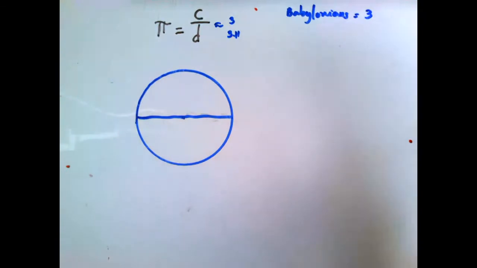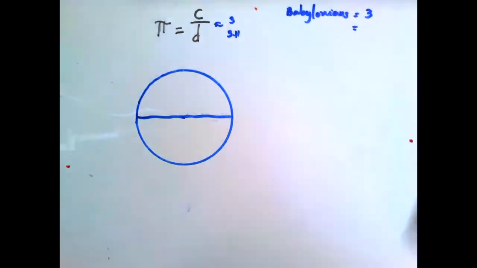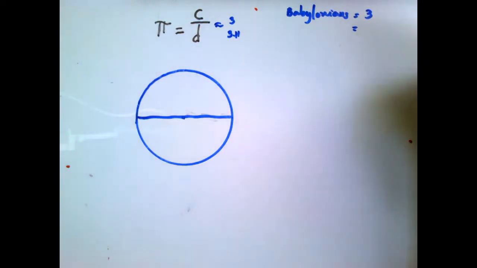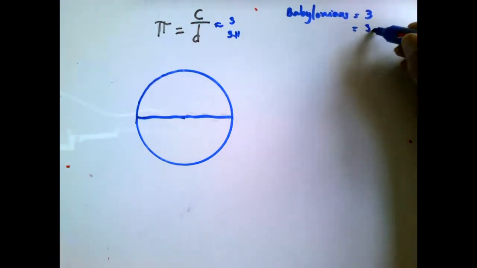Yes, and later on, when more tablets were discovered, because they keep discovering new tablets, and I mentioned this in some of my lectures in Babylonian mathematics, they found that it's a little bit closer to what we have today.